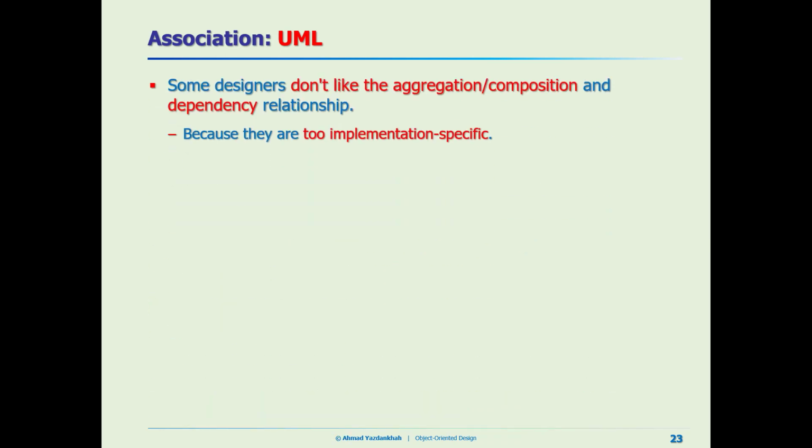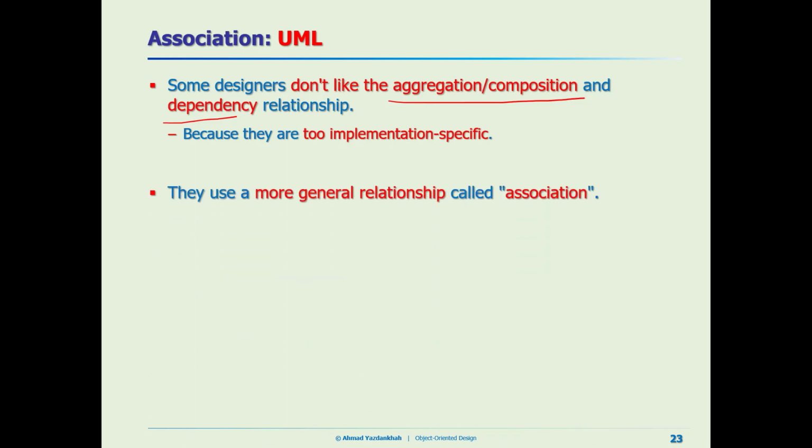In some cases, some designers don't like to mention aggregation, composition, or dependency because they think these kinds of things are very implementation specific. So in that case, they use a more general relationship that is called association.